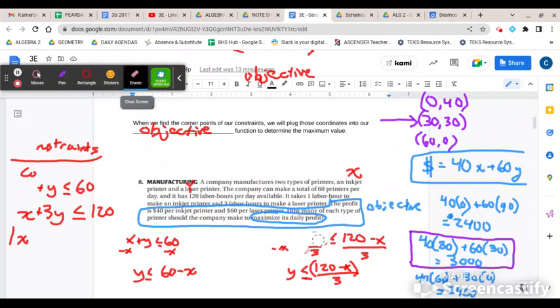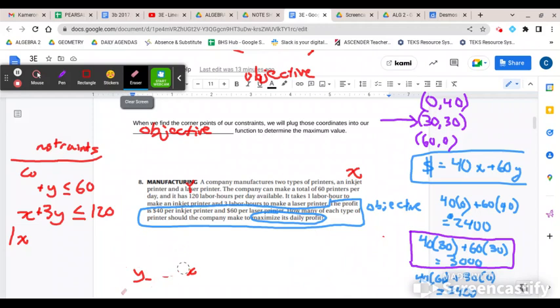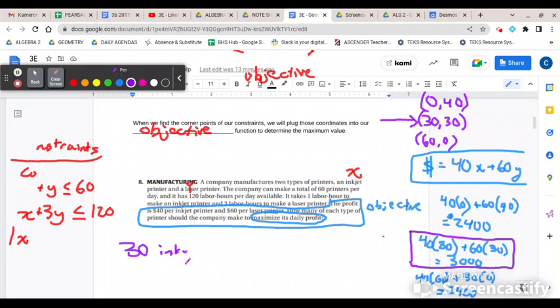So to tie all this together, in order to make the most amount of money, we want to sell 30 inkjet and 30 laser.